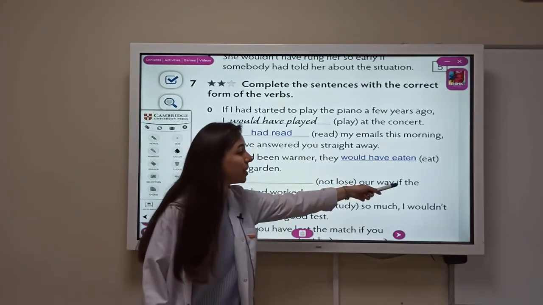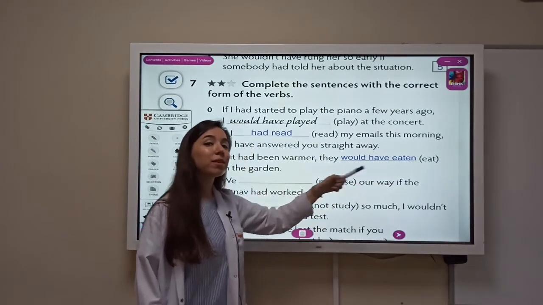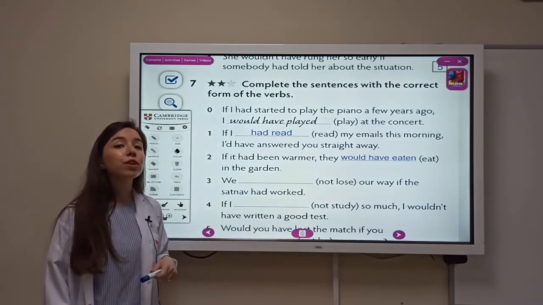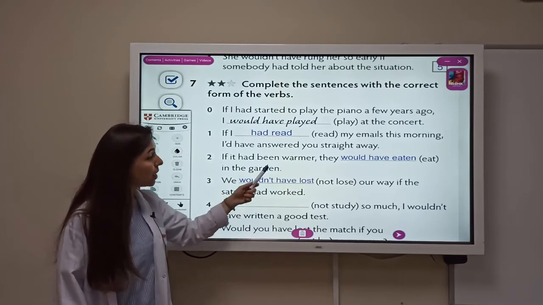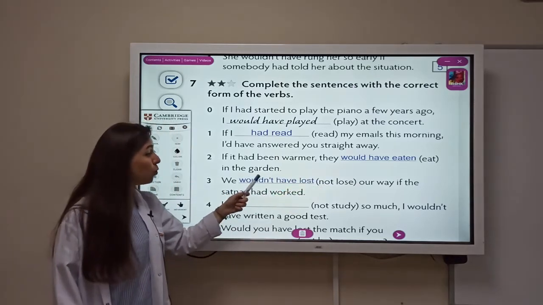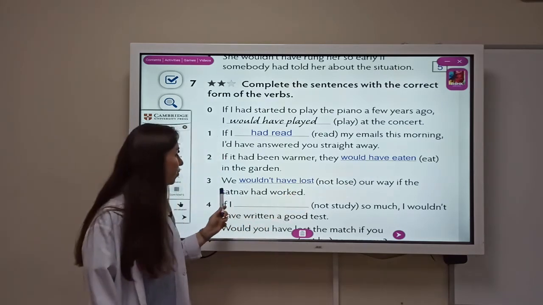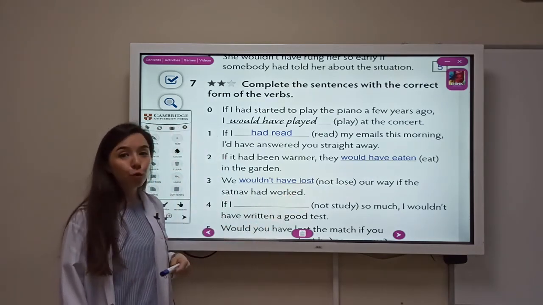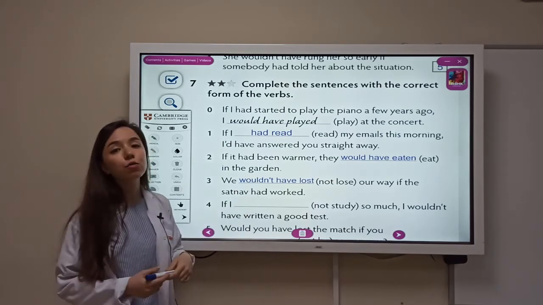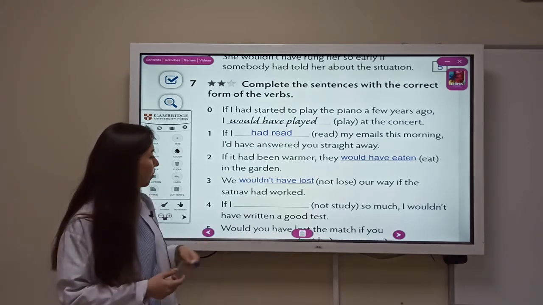Next, look at here, the if clause came in the second part. So in the first part, we need to write a sentence that starts with would. We wouldn't have lost, the past participle form of lose is lost. We wouldn't have lost our way if the sat nav had worked. But because it didn't work, it's something unreal. Yes, we would have lost our way.